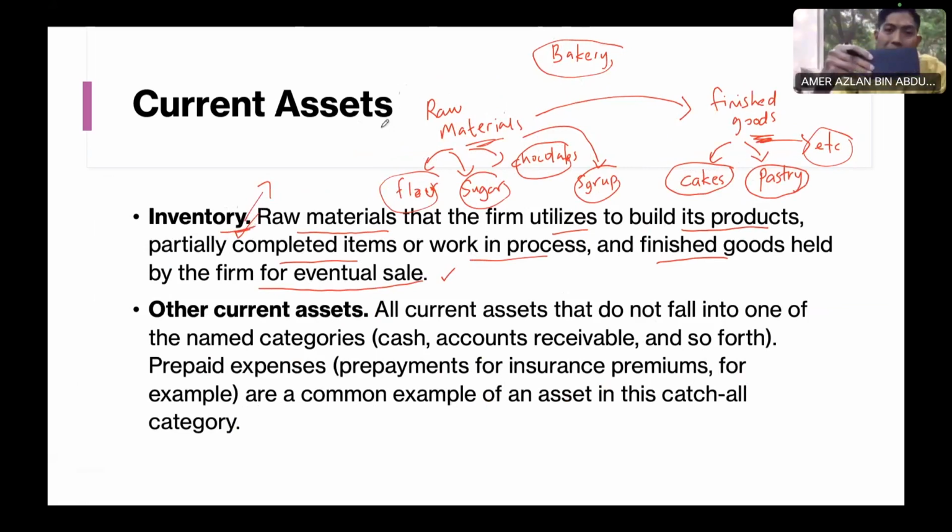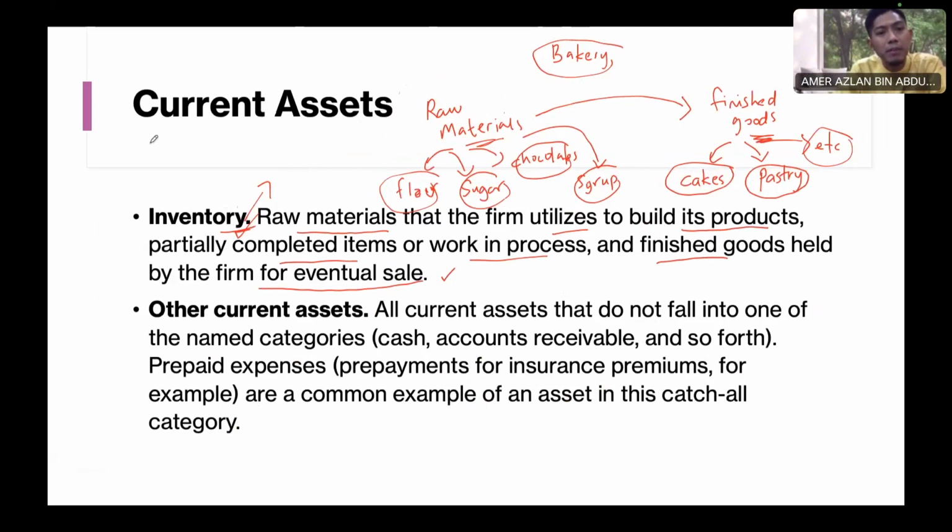You need to get somebody to buy and so that it will be converted into cash. Okay, so inventory, you have a raw materials, which in the end you expect it to be converted into cash.